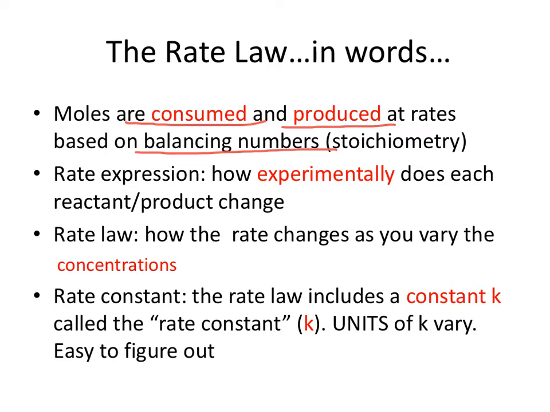So moles are consumed and produced at rates based on the stoichiometric coefficients. Okay, so the stoichiometry is important again. You're probably noticing how chemistry continues to build on itself.